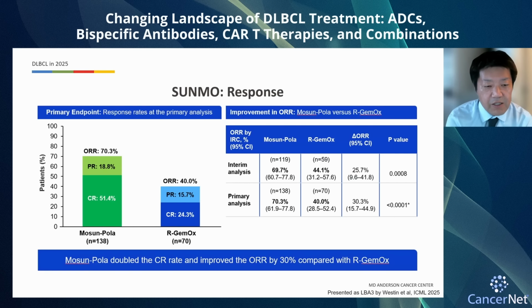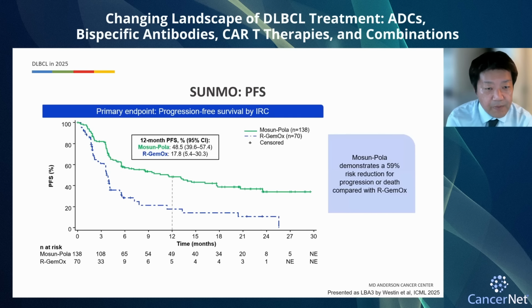And what's intriguing and important for us is that the response rate of R-GemOx in the SUMO trial is very similar to what we see in the STARGLO trial, showing that this is basically what you get from sending patients to R-GemOx or most likely a very similar chemotherapy regimen in the relapsed refractory setting in large cell lymphoma.